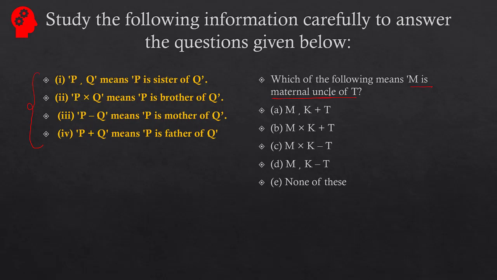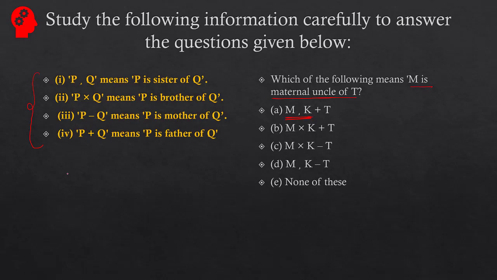So here, as I've said, we will have to evaluate each option. Now, how do we evaluate every option? Once we look at the first option, M comma K plus T. So M comma K, this will be firstly plotted. Comma means the first person is the sister of the second person.